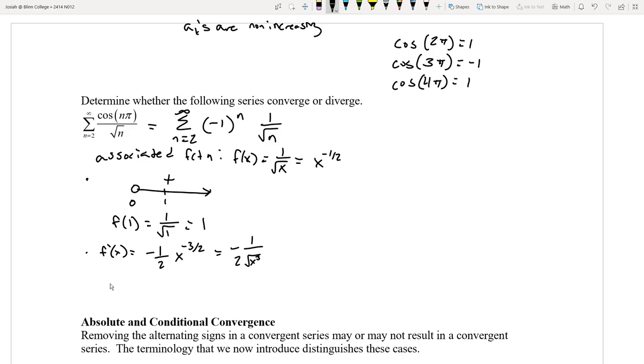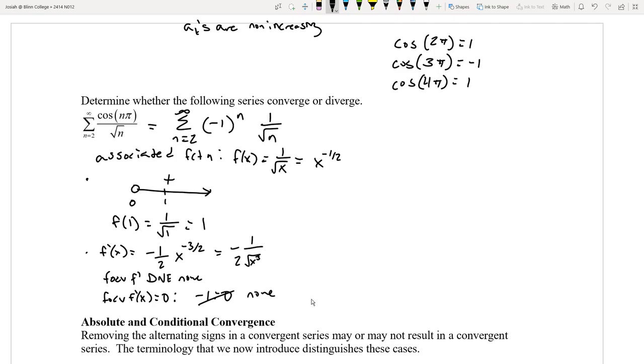And again, we check first order critical values where f prime does not exist. Well, that's where this guy is equal to 0, which we don't have at all. So then we check first order critical values where f prime of x is equal to 0. And we look at that, we've got -1 equals 0. That doesn't happen, so we get none there either. Again, if a fraction is going to be equal to 0, only the numerator can be 0.